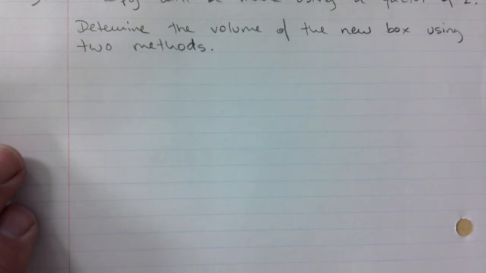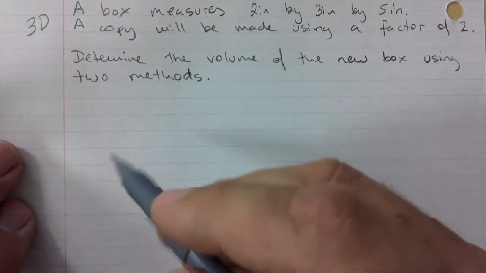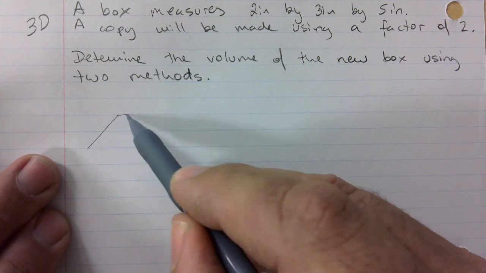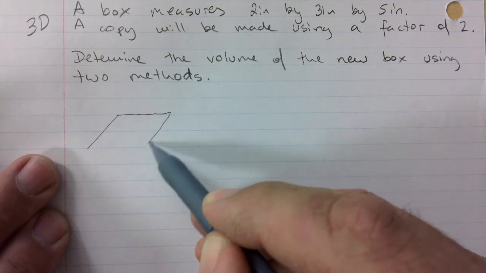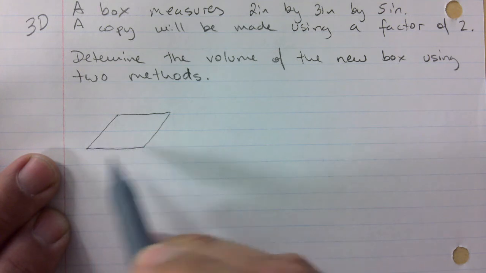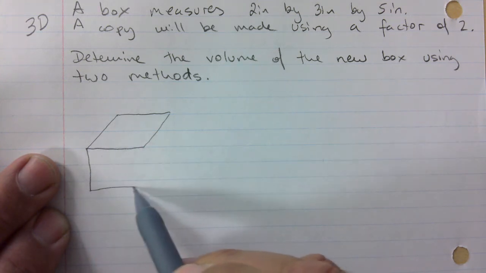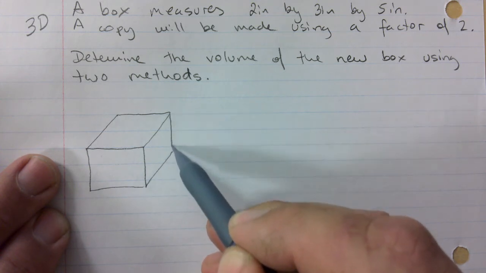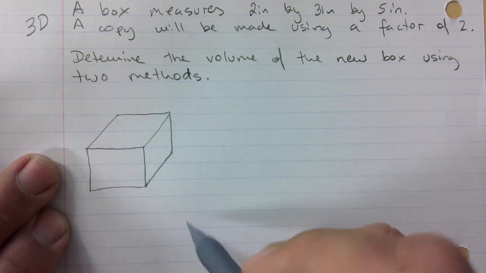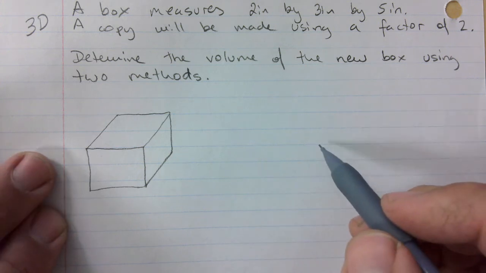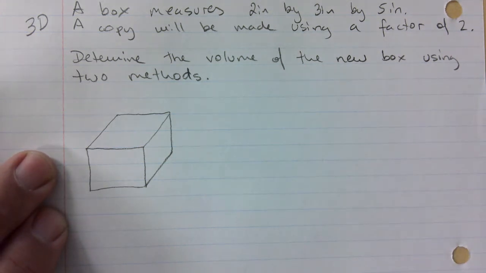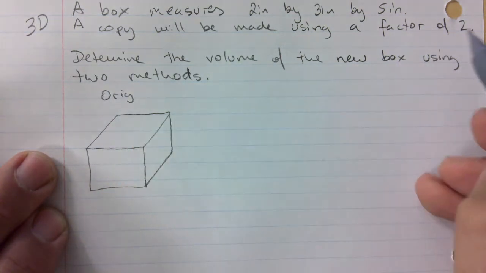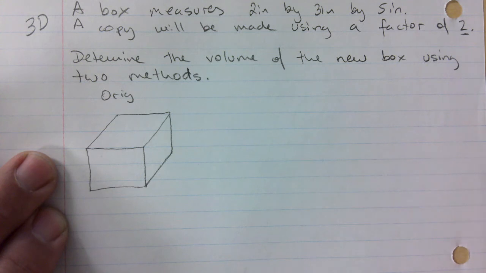So we're gonna draw our box. So try your best. I know it's kind of, just draw a box like this. Right, I start with the top, and then I just use parallel lines like that. And is our new box bigger or smaller than the original? It's bigger, right? Because the factor is 2.